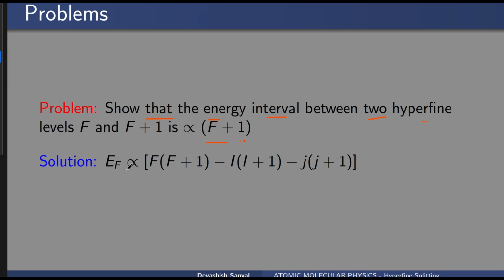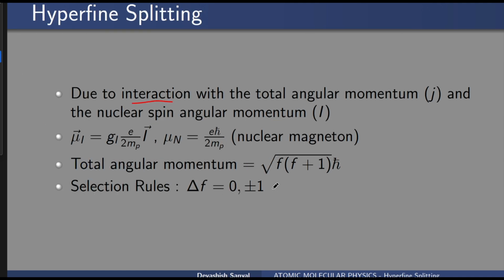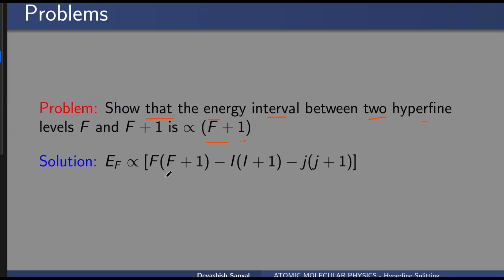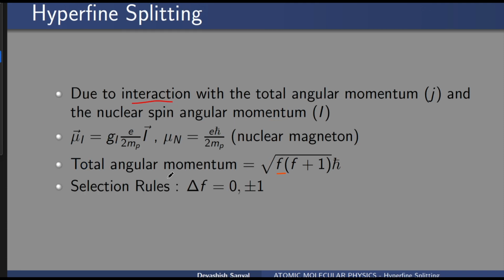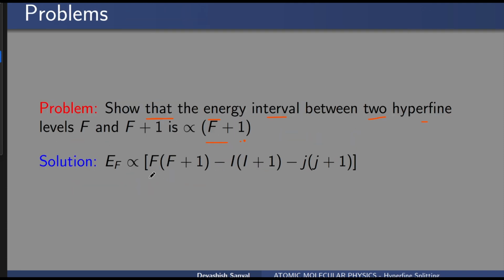So here is the energy for any hyperfine level which is defined by F. This F is similar to the earlier F. It is given by this expression, where this is F squared, like the total angular momentum squared.